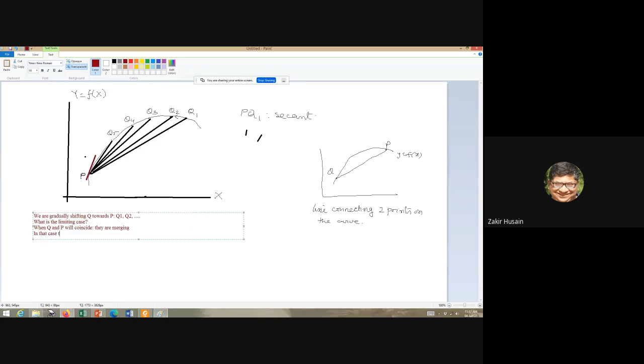In that case, the secant will become the tangent. Or rather, the secant will become the tangent at P.